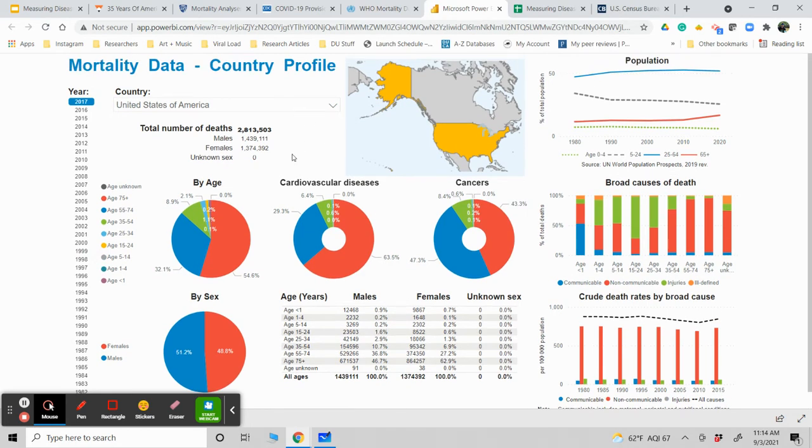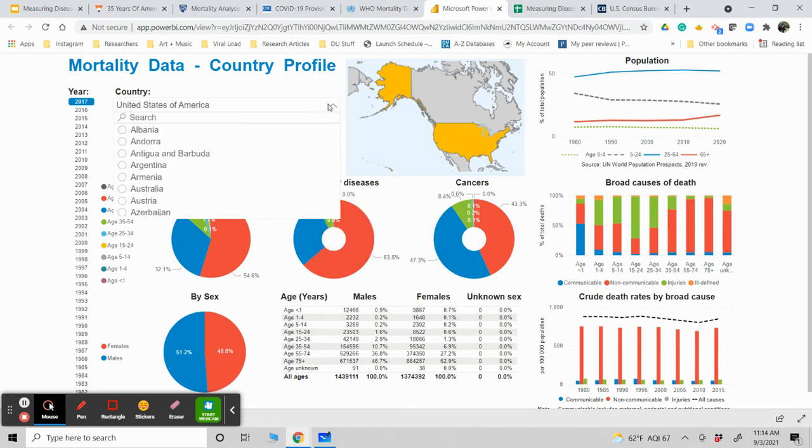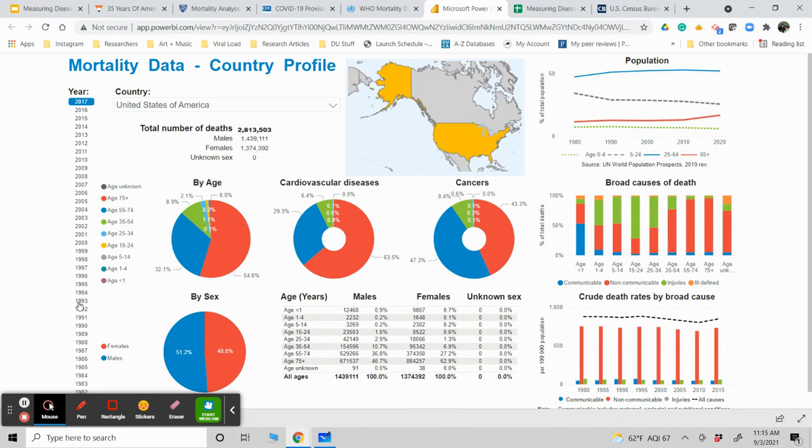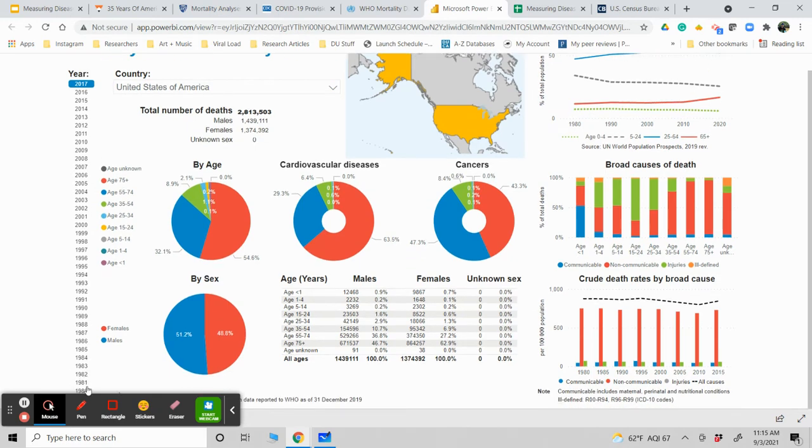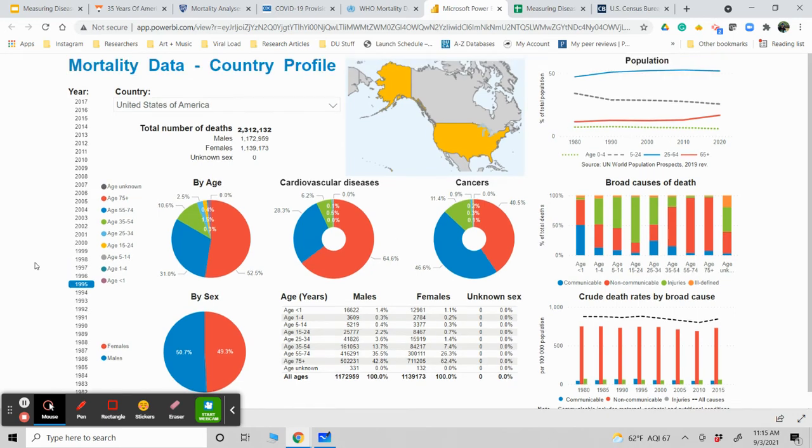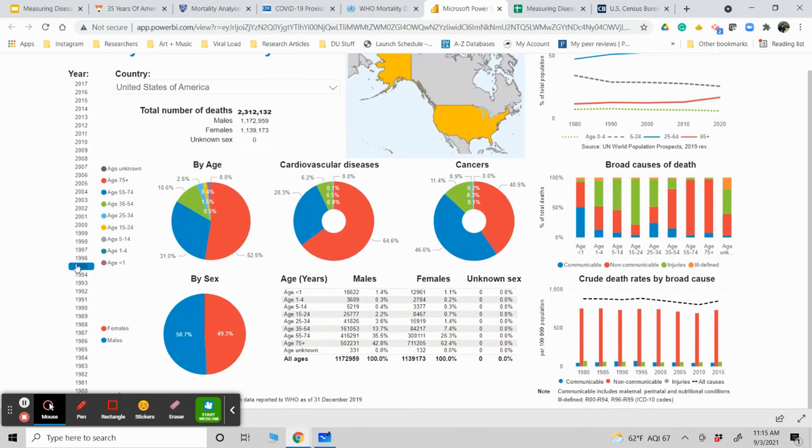And this is really useful because we can understand not only what's going on in the United States, but we can compare with other countries, and we can look at differences over time. So if we go back to, let's say, 1995, we see some slight differences.